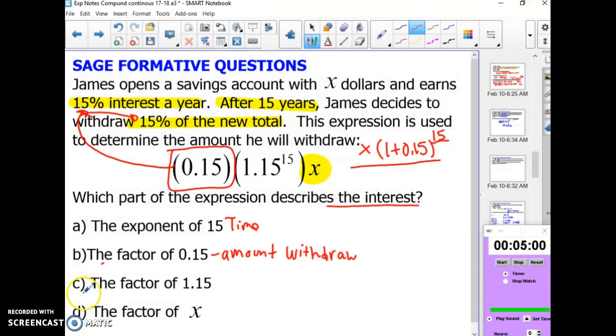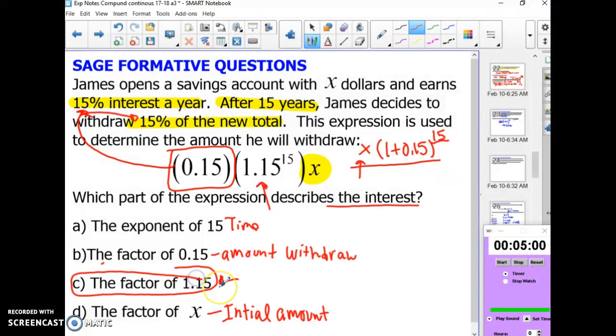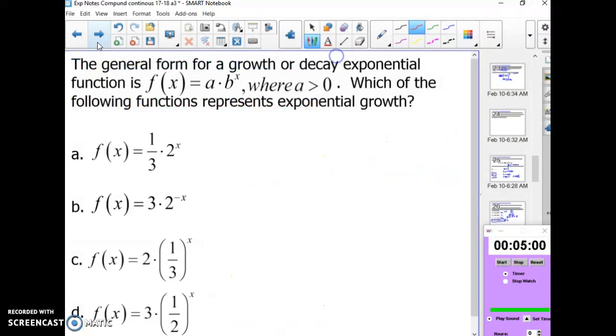The factor of 1.15 or the factor of X. X right here, right? X is our initial amount. And then right here, 1.15. Here's the thing, guys. 1 plus 0.15, that's the part that represents the what? Interest.